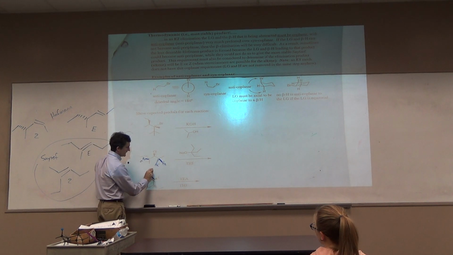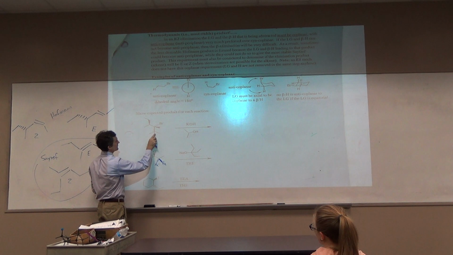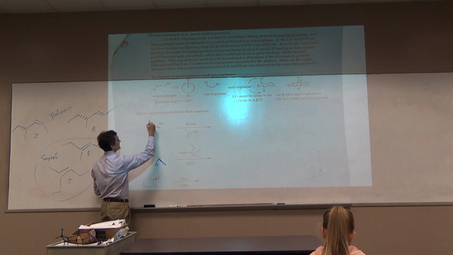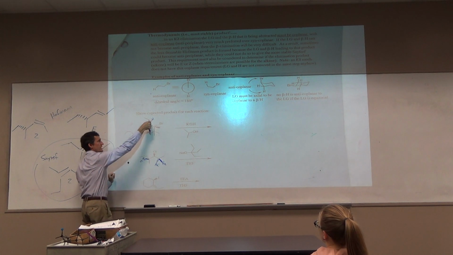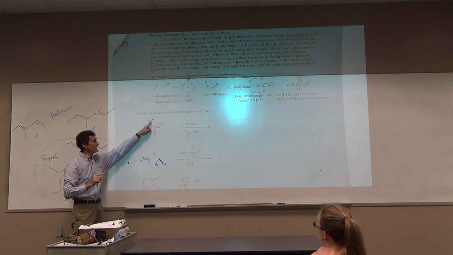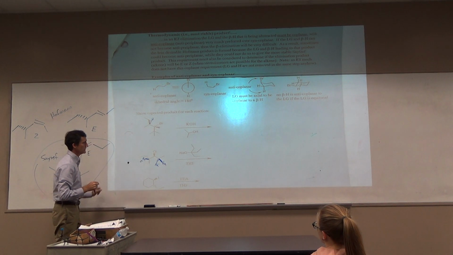Well, here's the take home for this. When there's 2 H's, you have a choice. You see up here, this H over here, which one did we eliminate? Over here? We eliminated that H. We only had 1 H. We had to rotate this to get it anti-coplanar to the bromine.